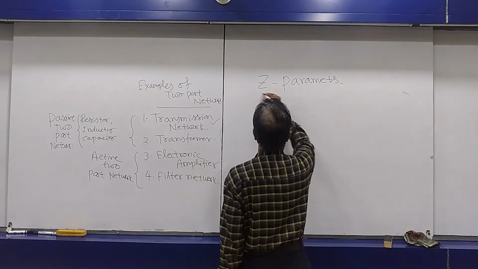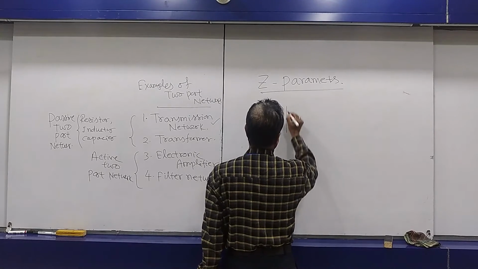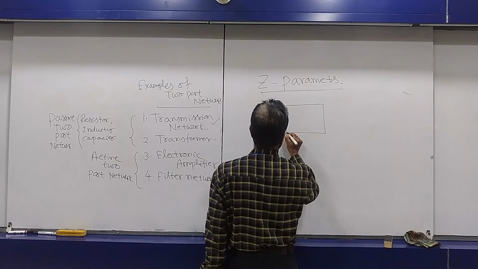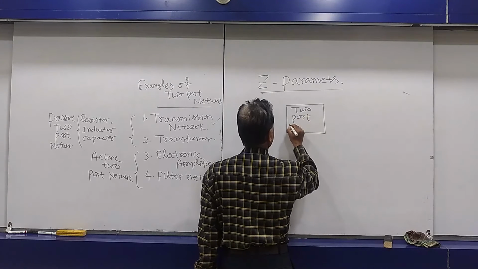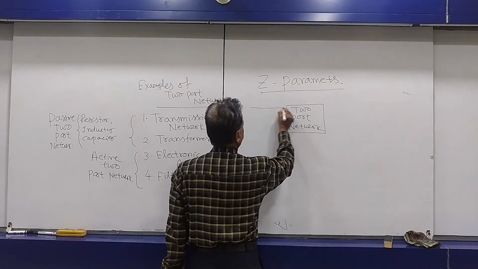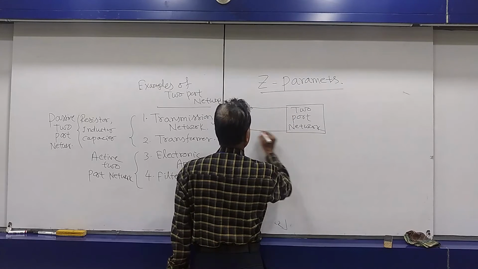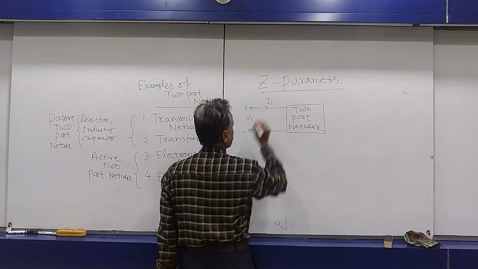First of all, we will write the two-port network. On the left side I am writing port 1, indicating the voltage V1 and current I1.